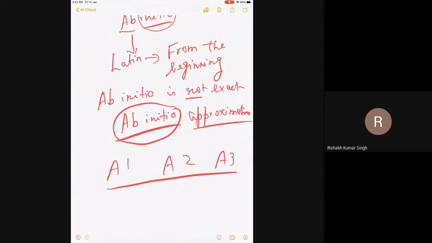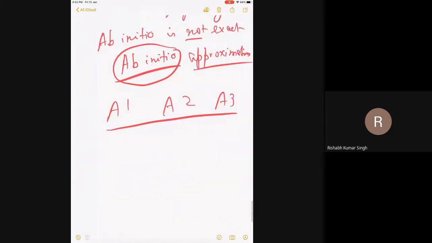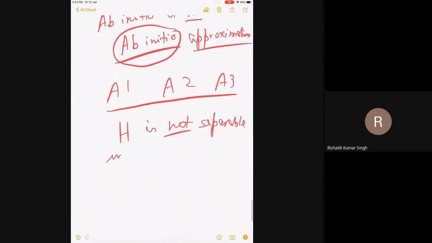All that, I again repeat, is because the electronic Hamiltonian is not separable into one-electron Hamiltonians. So all that we are doing is because of this.